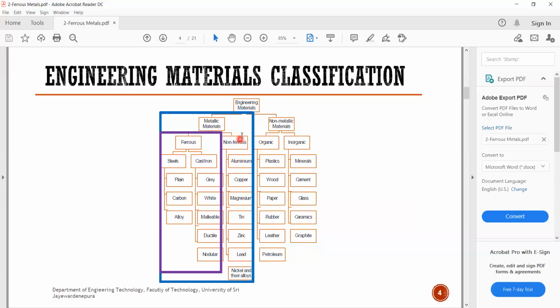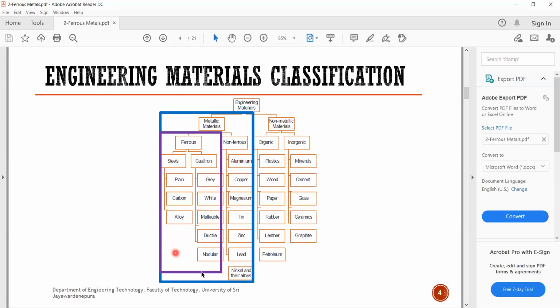So just now consider the metallic materials. Then you can classify them further into two categories: ferrous materials and non-ferrous materials, right? Ferrous materials mean they have iron as a main component, but in the other category they don't have iron as a component, right?